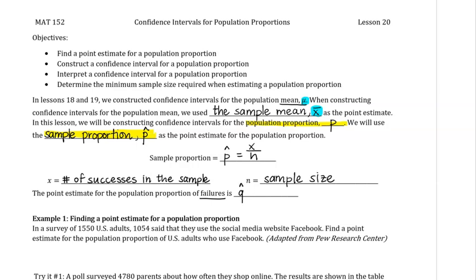So just thinking about that same example with people smoking cigarettes, if I'm saying that 12.5% of Americans smoke cigarettes, then I'm saying that, let me write this out. If I'm saying that 12.5% smoke, then it must be that 87.5% do not smoke, because we do know that these proportions need to add up to 1. So if we know what P hat is, we find Q hat by doing 1 minus P hat, because P hat plus Q hat must add up to 1.